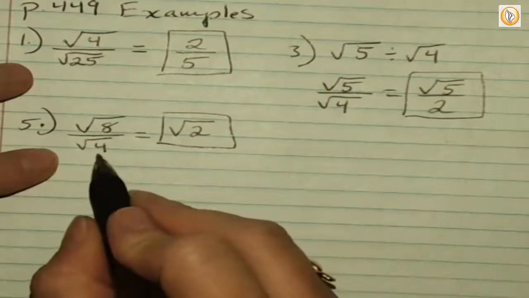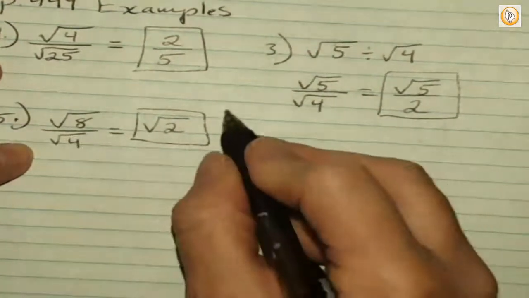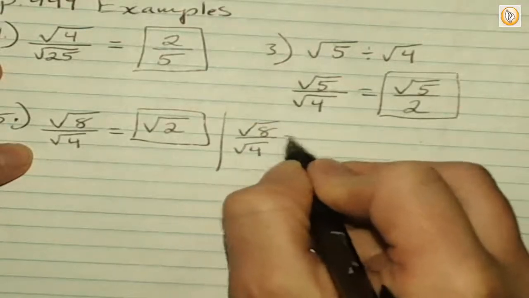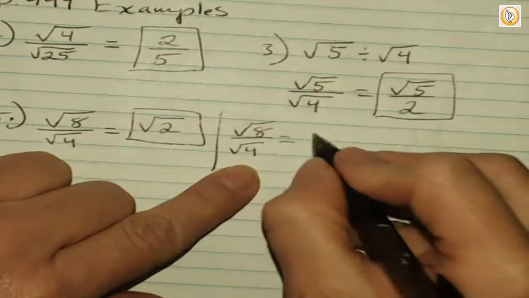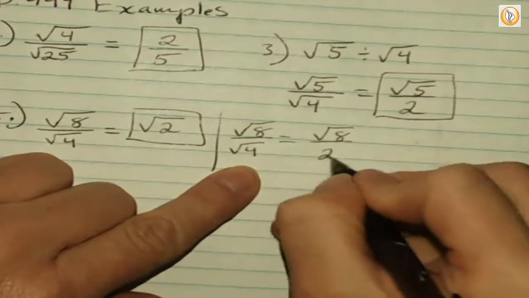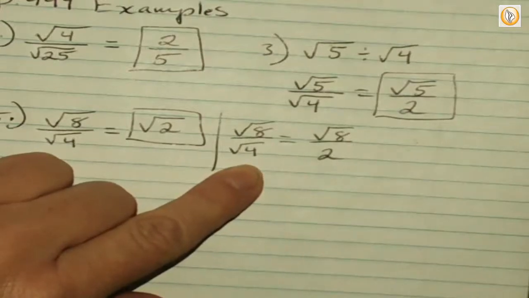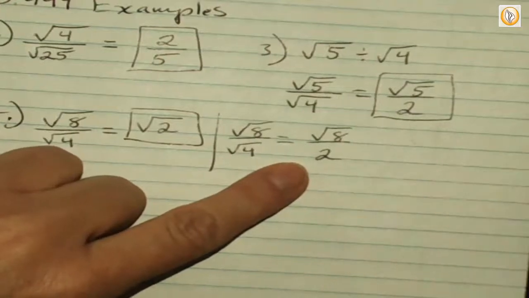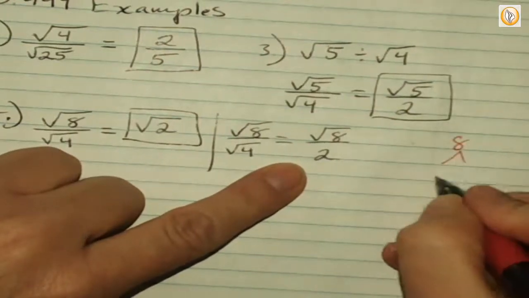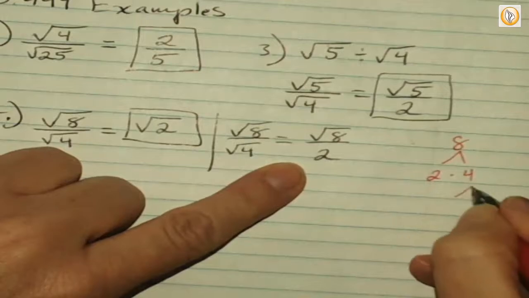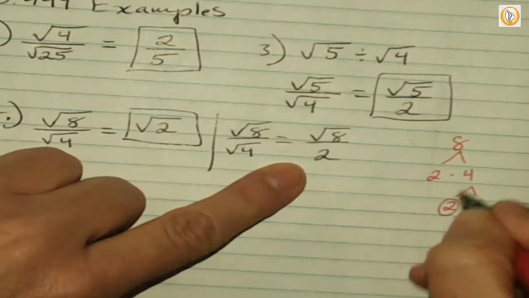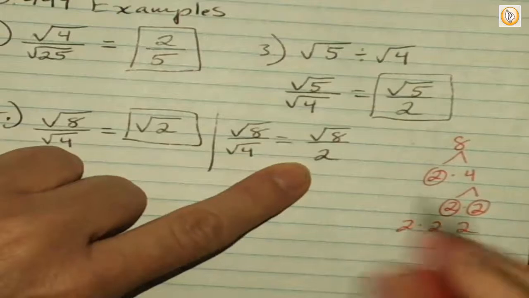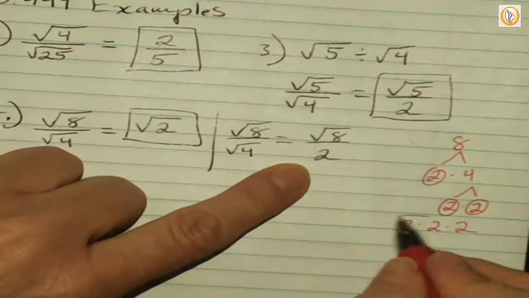Now, let's say you decided to take that out of the perfect square, and you got this. Now you're going to have to do the factor tree here. That'd be 2 times 4 and then 2 times 2. So I'd have all my 2's. It's root of 2.